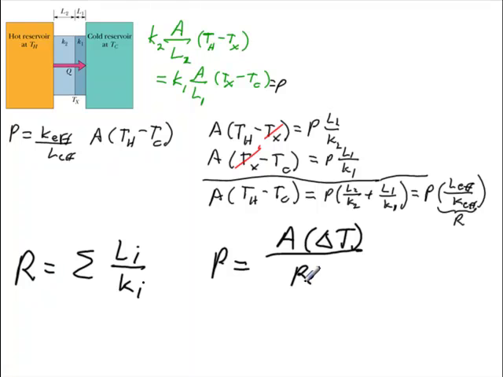So a larger R value will result in a smaller conductivity, a smaller rate of power exchange.